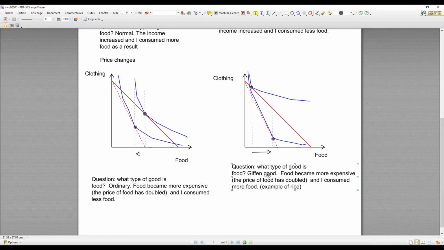It's a good that you consume a lot when you're very poor. And it so happens that when the product becomes more expensive, it's such a blow on your budget that you have to consume less of the other goods that would be better and consume more of that good. But that's a very extreme case.